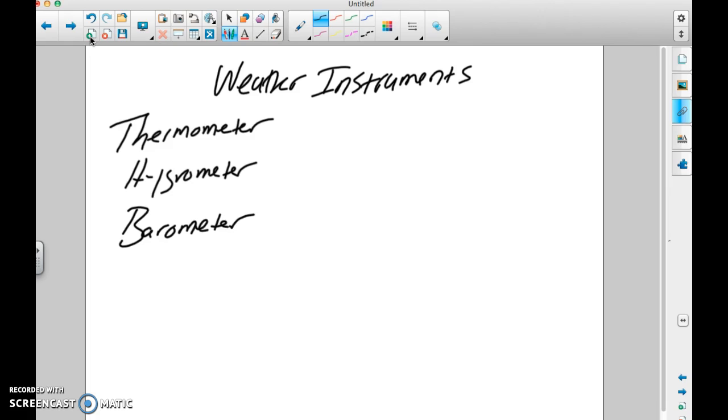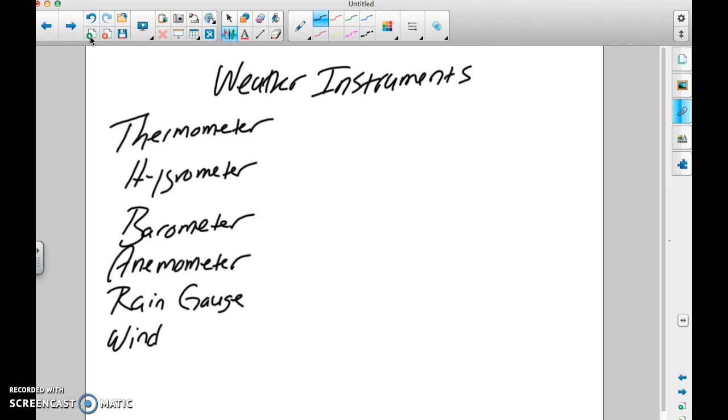You have anemometer. The easiest of them all, other than spelling, the rain gauge. Maybe the second easiest in here is the wind vane, unless you get that confused with the anemometer.